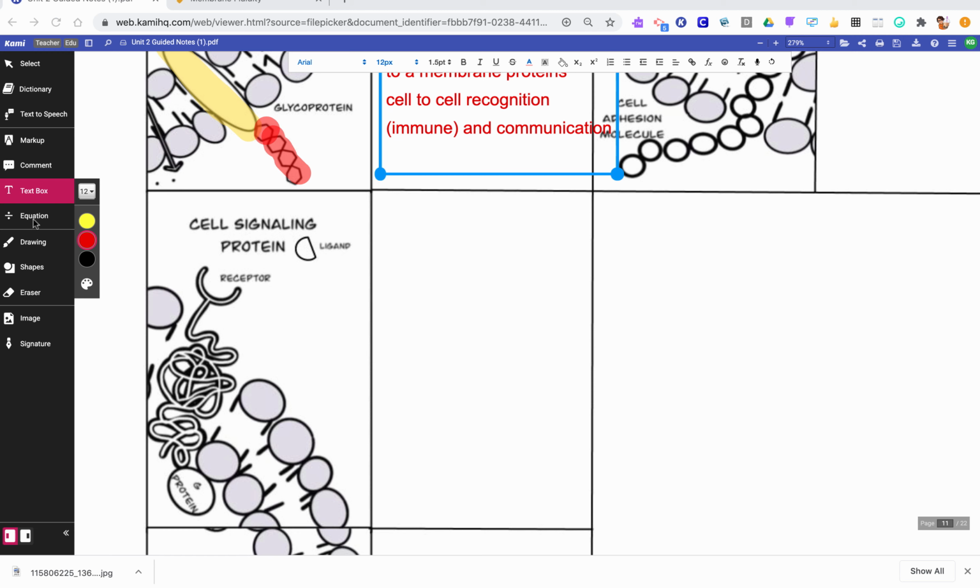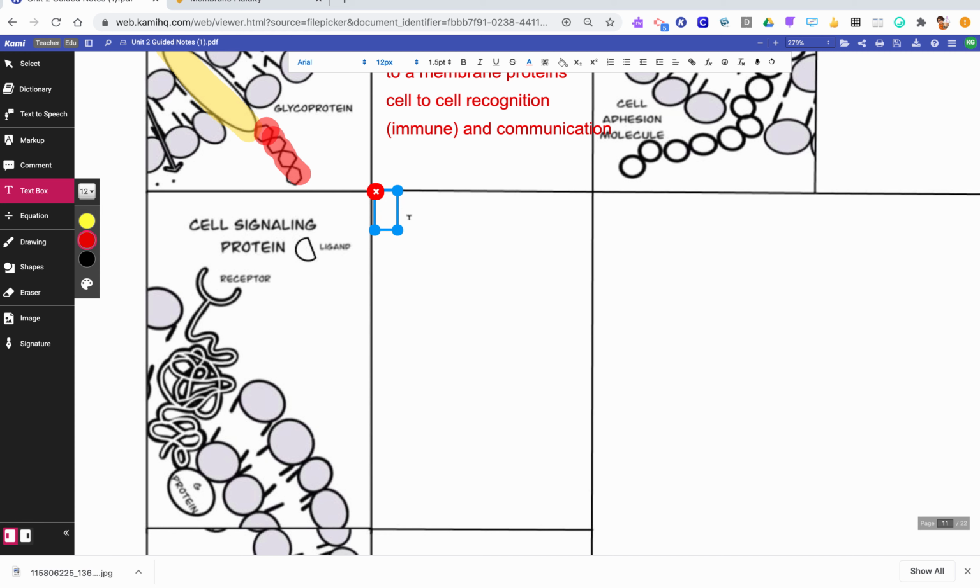The next part of the membrane that we're going to go through is proteins that are involved in cell signaling.